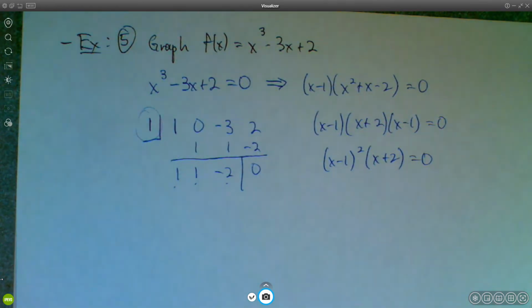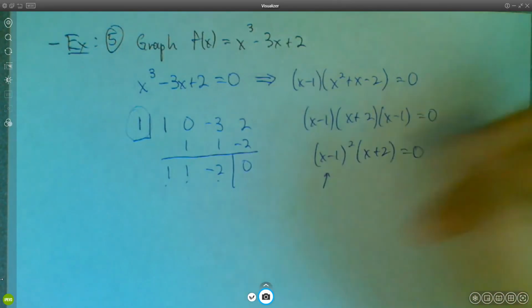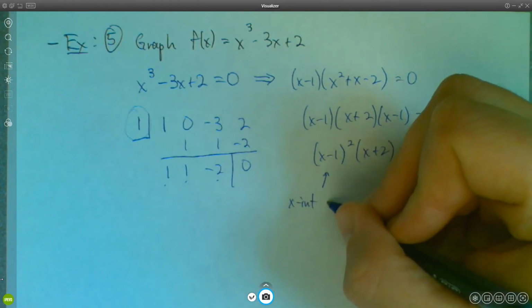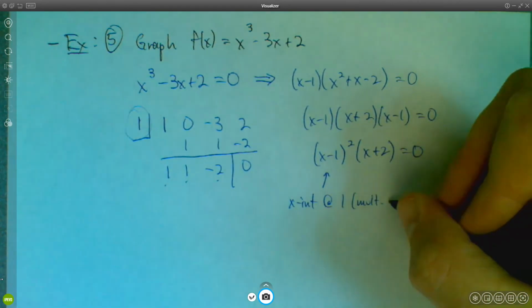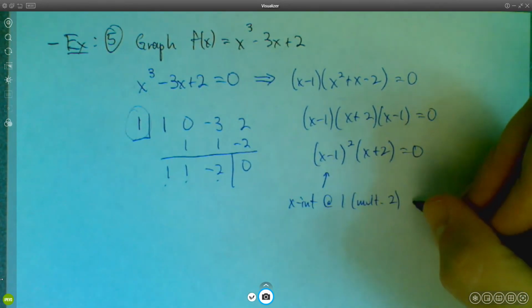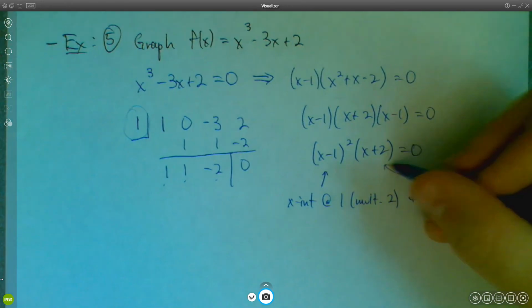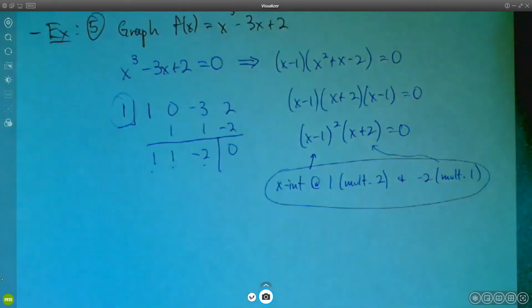Up until this point, we haven't used any calculus at all. Let me just write down: x-intercept at 1, multiplicity 2, and negative 2, multiplicity 1. So that's the first step in the process.